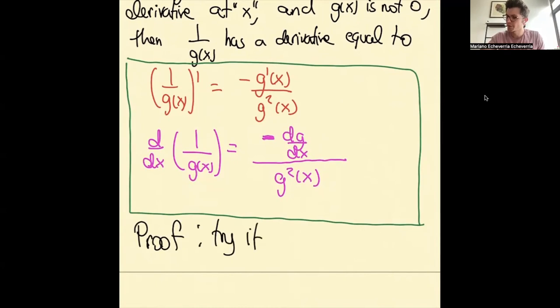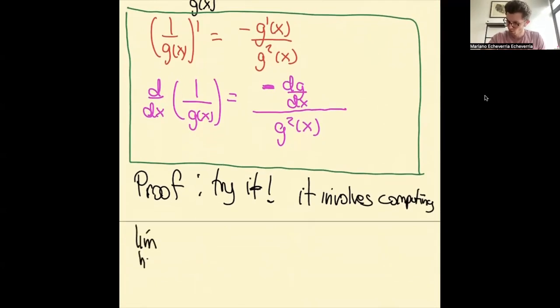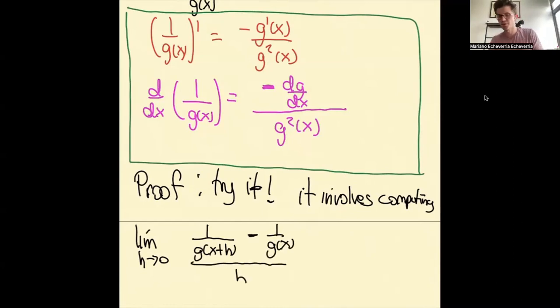Try it. But basically, at least I'll write what it involves in terms of the limit. So, I mean, that would be the limit definition for the derivative of 1 over g of x. Okay, so that's the limit definition.